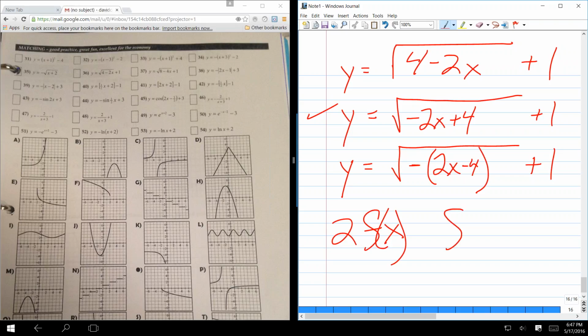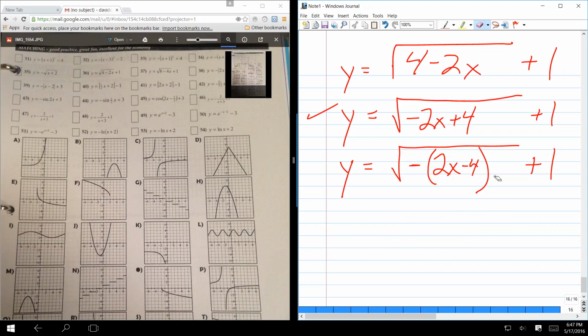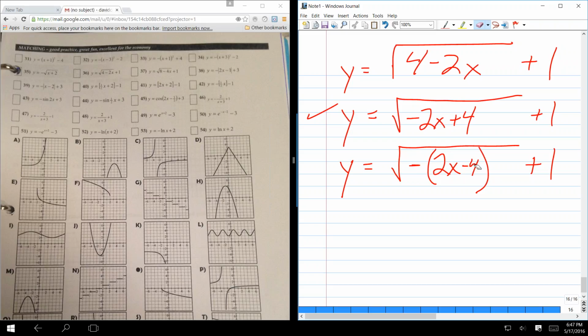But if I say f of 2x, that's a horizontal compression factor. So we have a horizontal compression by a factor of 2, which is going to be difficult to see. We have a translation to the right of 4 units after we've flipped it over the y-axis. Then we have a vertical shift up 1.